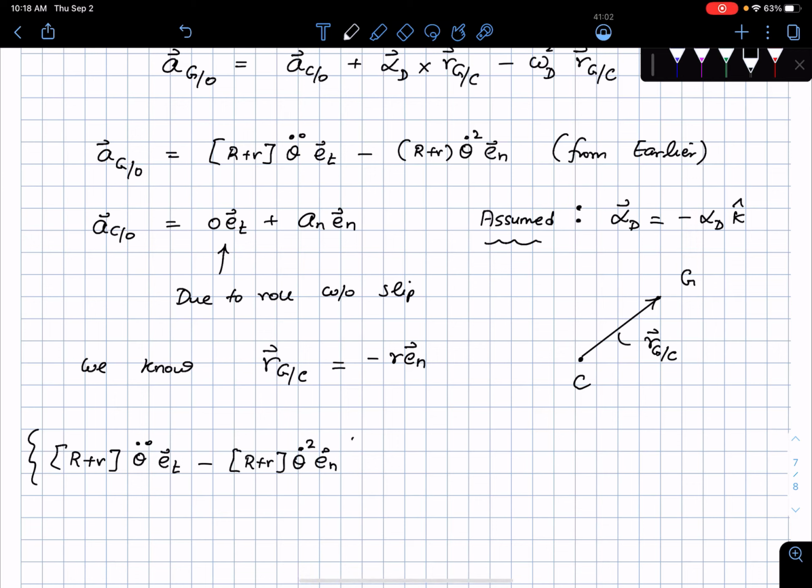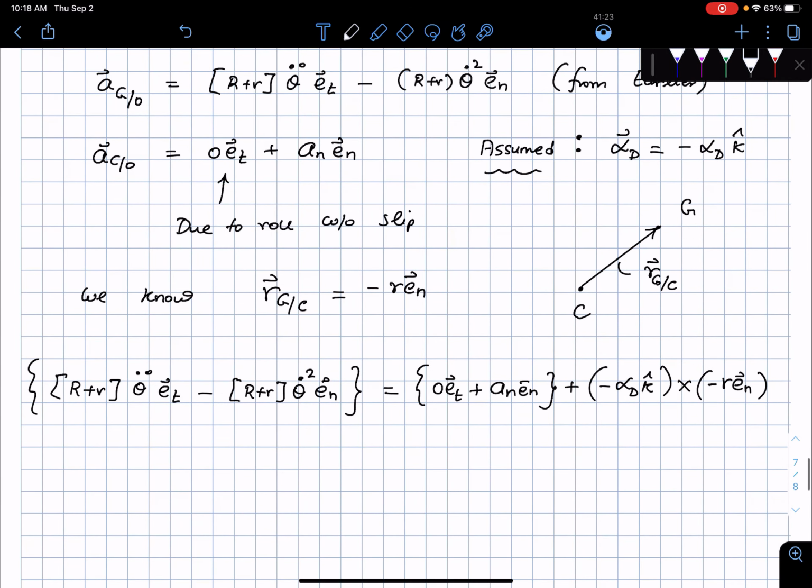This is the acceleration of G, is acceleration of C, then I'm going to have minus alpha disk in the k hat direction crossed with a minus r En, and then lastly I'm going to have minus omega square of the disk times minus r En.